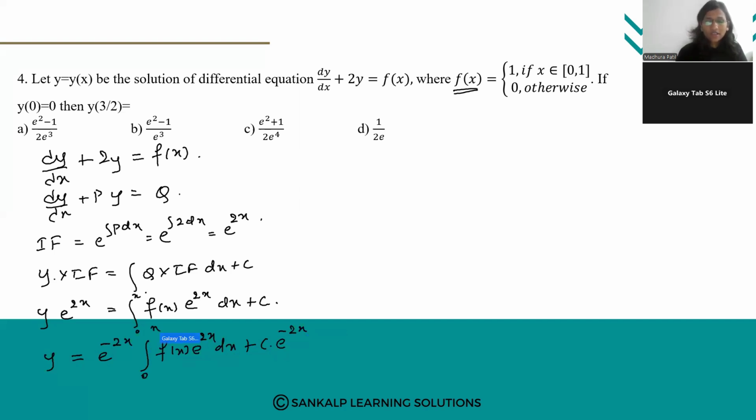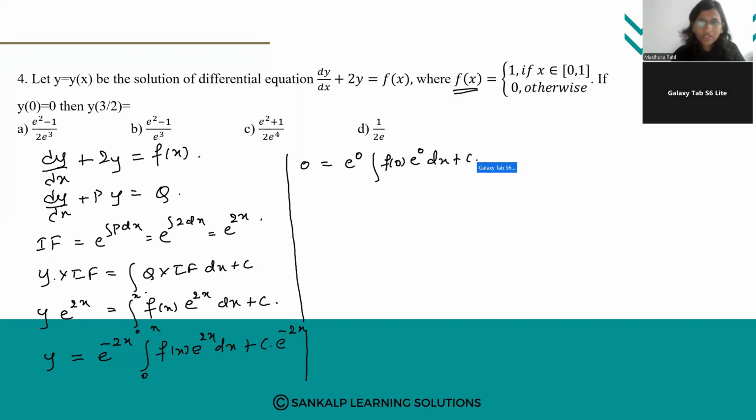Now they have given y of 0 equals 0, that is, if x equals 0, y is 0. So if I substitute in the general solution, I get 0 equals e to the power 0 times the integral of f of x e to the power 2x dx from 0 to 0, plus c into e to the power 0.